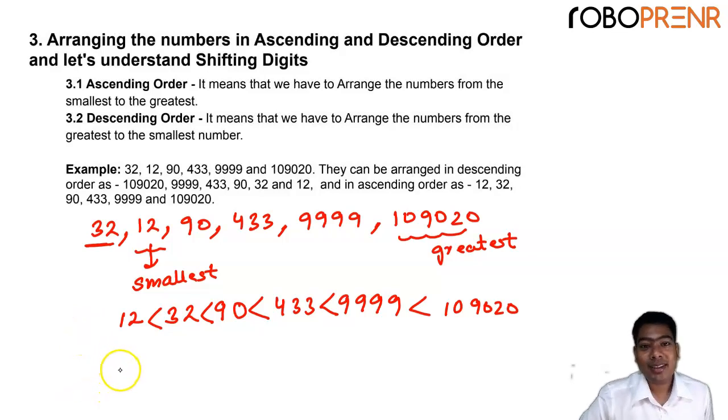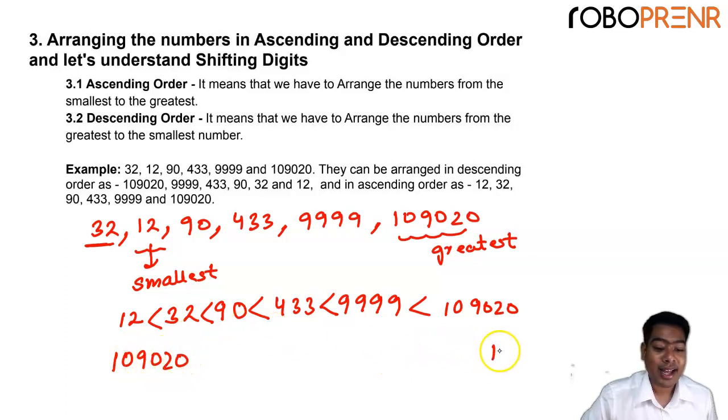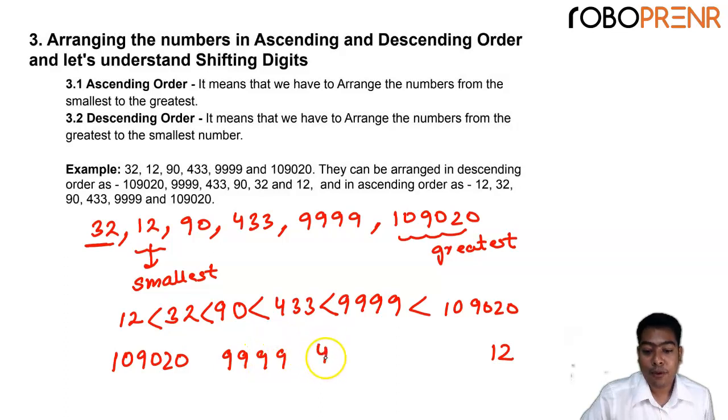Having understood this, let's arrange the same numbers in descending order. We will place the largest number first and the smallest number last, and then write all the subsequent numbers: 999, 433, 90 and 32.